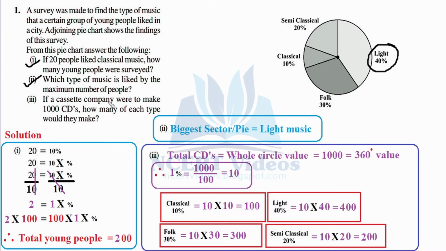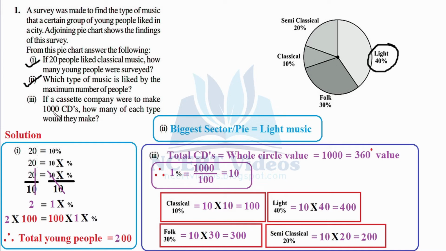It simply says that the cassette company decided to produce 1000 CDs. Now we need to find how many CDs that company should produce based upon different tastes of the people. So the question simply requires us to find fractions of the CDs out of 1000 based upon these percentages. This question has nothing to do with the first part.